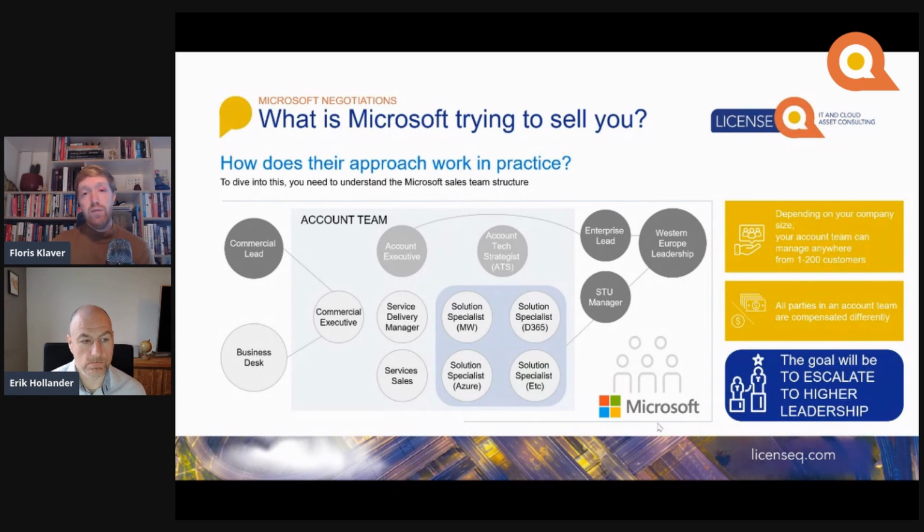Additionally, if there are deals that are customized and fall outside of the standard empowerment of the commercial executive, you have to go to the business desk. The business desk is often referred to by the sales teams as their escape: we can't do it because the business desk won't allow it. The business desk is a little area within Microsoft that needs to focus on doing the right type of deals.